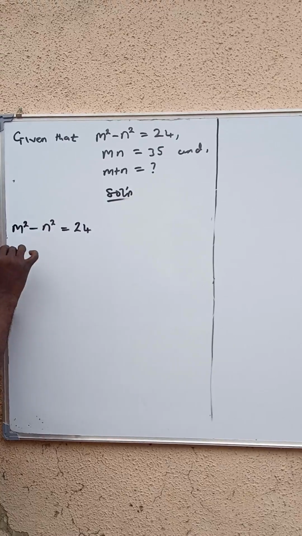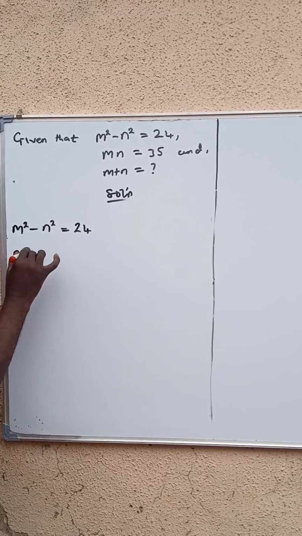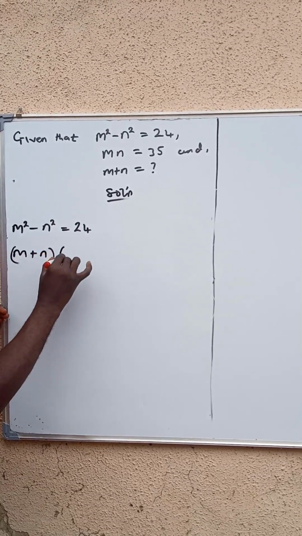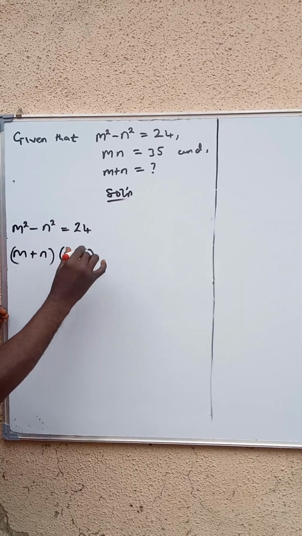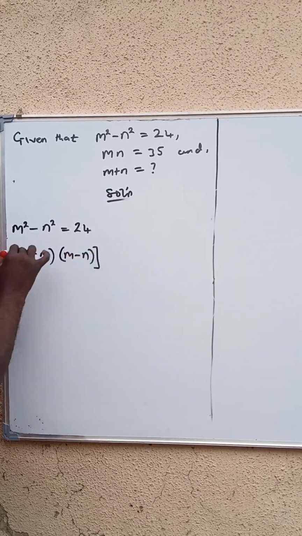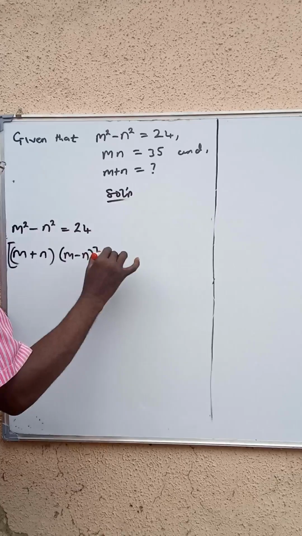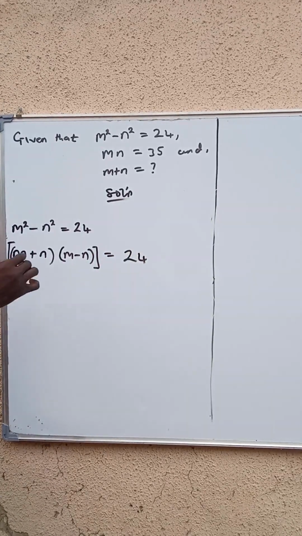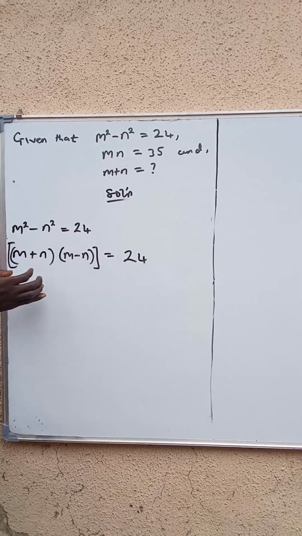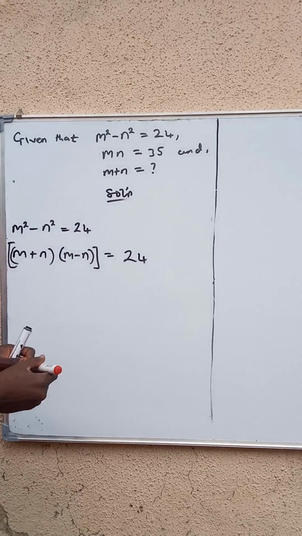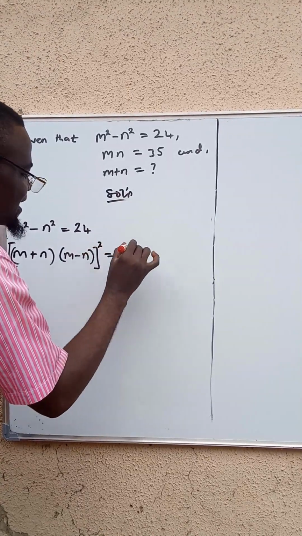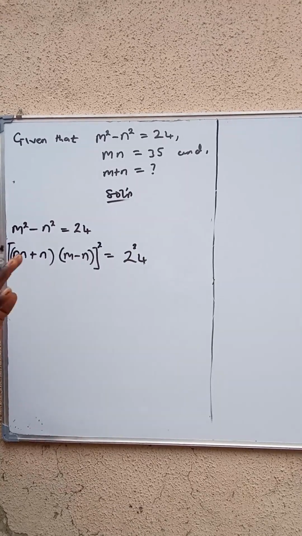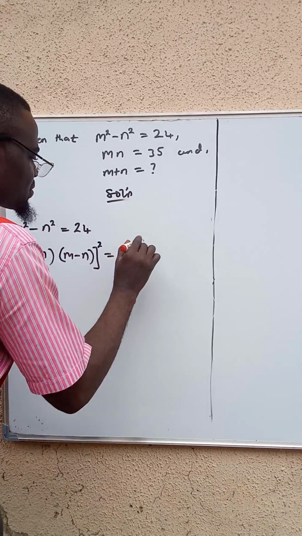You agree with me that (m plus n)(m minus n) is equal to 24. Before I squared, m squared minus n squared is what gave me this. So I can square both sides. There's no error.